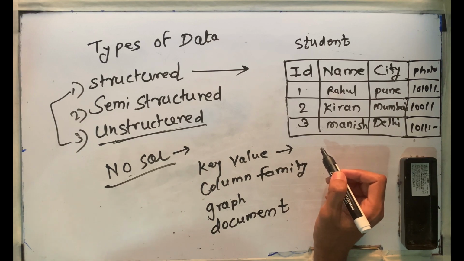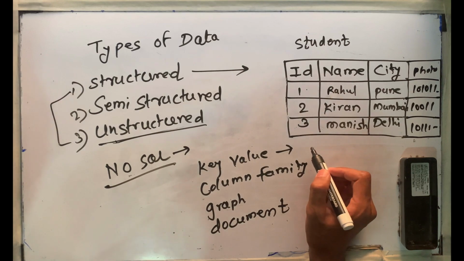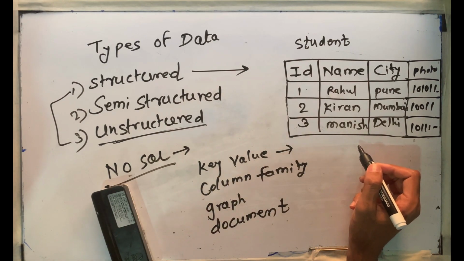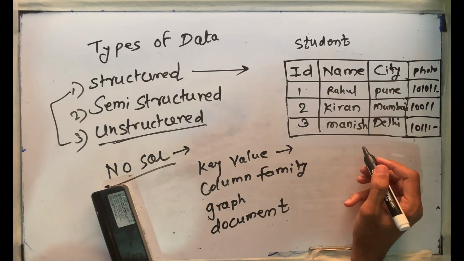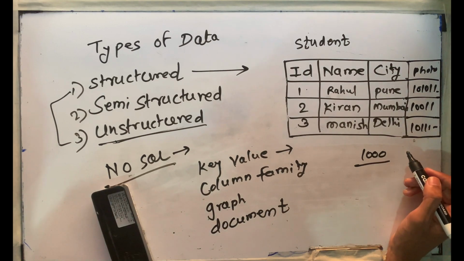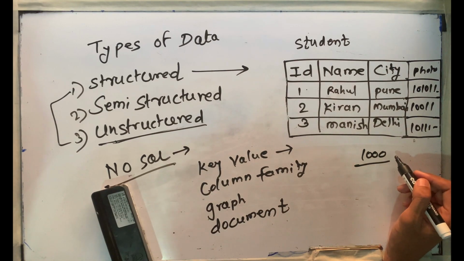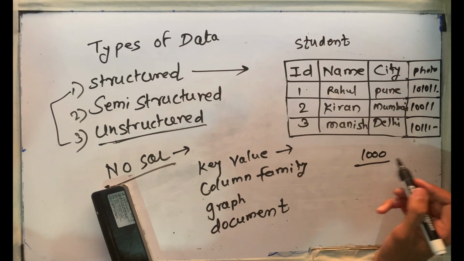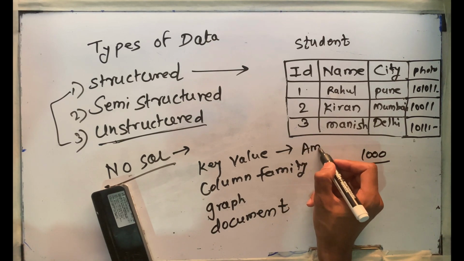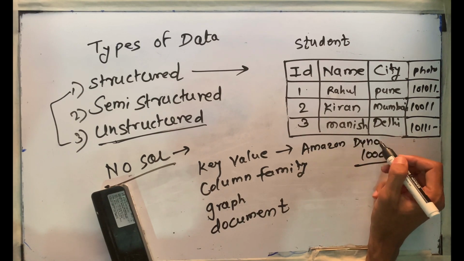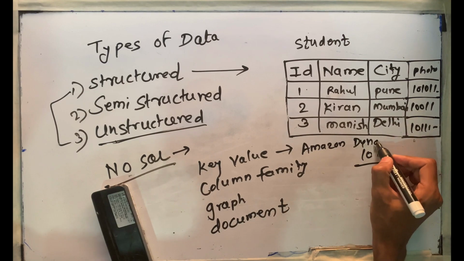Key value: an example of a key value database is Amazon DynamoDB. In the last session I explained that there are thousands of products and each product has its own different parameters. How can we resolve that issue? With the help of a key value database we can resolve it, and Amazon DynamoDB is the example of this.